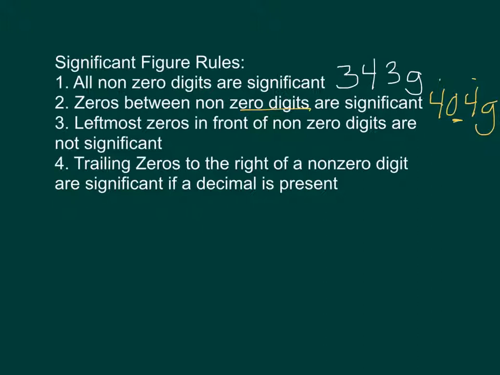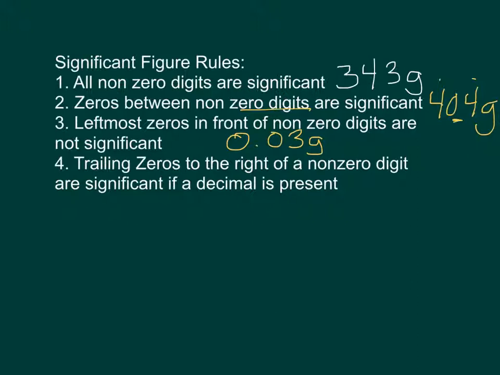Rule 3. Leftmost zeros in front of non-zero digits are not significant. Okay, so let's think about an example of 0.03 grams. So how many significant figures would I have here?